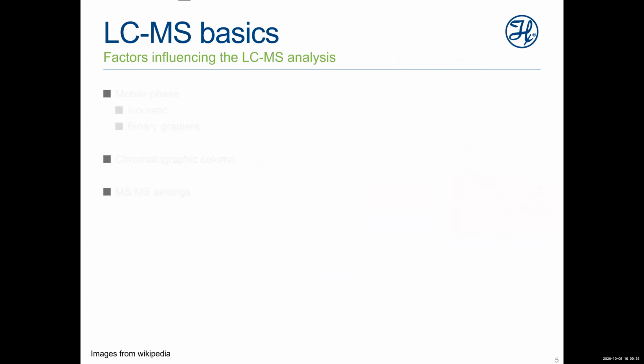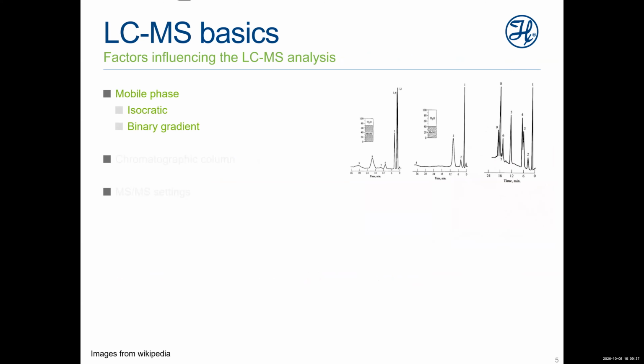Thank you. So now we are going to see in a bit more detail the 3 main aspects of an LCMS method. The first one is the mobile phase. Mainly, we can choose between 2 kinds of chromatographic mobile phase use, which are the isocratic method and the binary gradient.